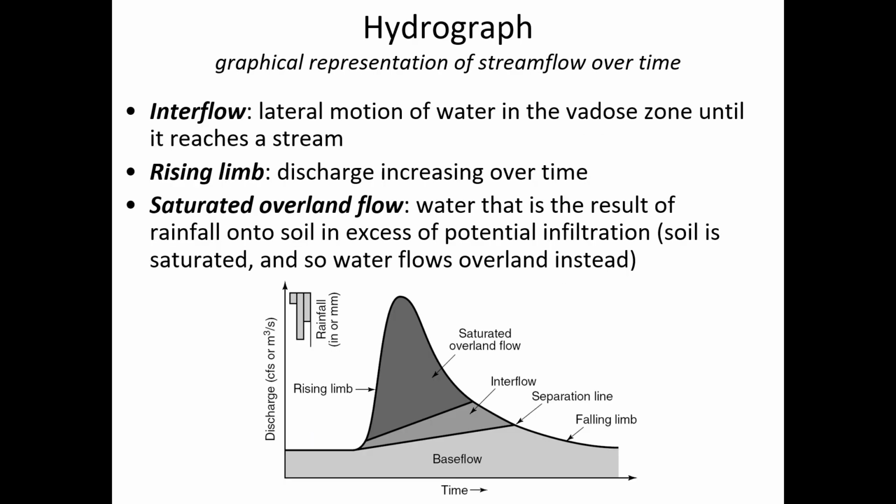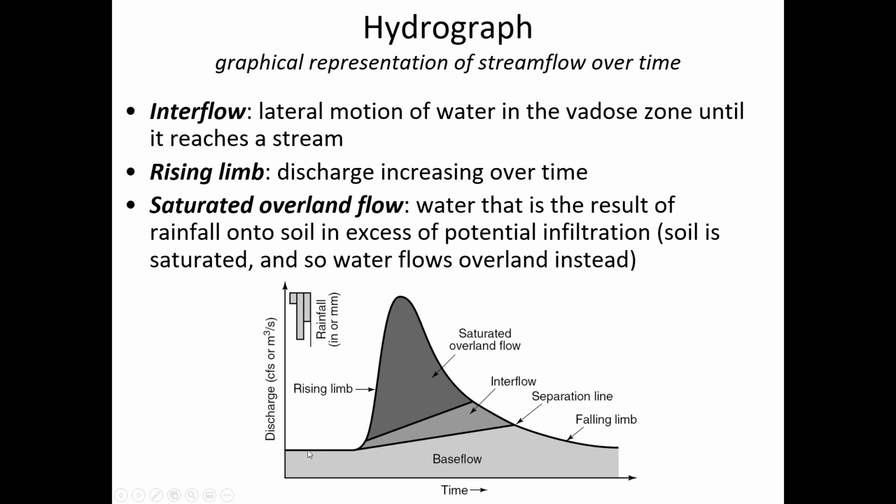If we look at a hydrograph, we can sometimes tease out what part of the hydrograph is associated with what component in the stream. The base flow is the water that would be in the stream even before a storm event occurs. It's the water that isn't going to go away even after it stops raining.